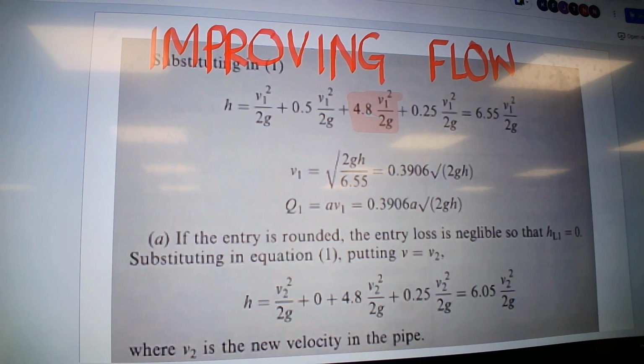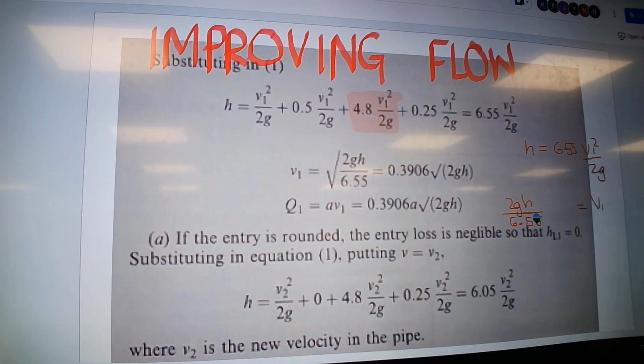Now, in the question, let's find out the V1. If I make V1 the subject, let me just write it down. I got H equals 6.55 V1 squared over 2G. So if I want to make V1 the subject, that's going to be H times 2G, divided by 6.55.